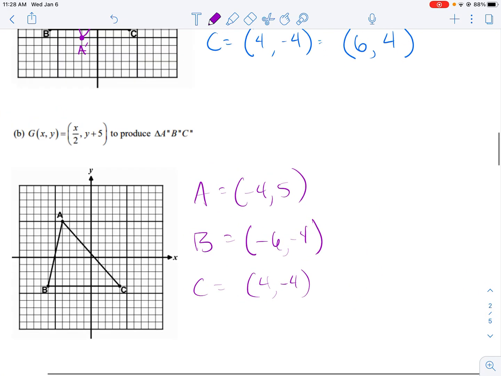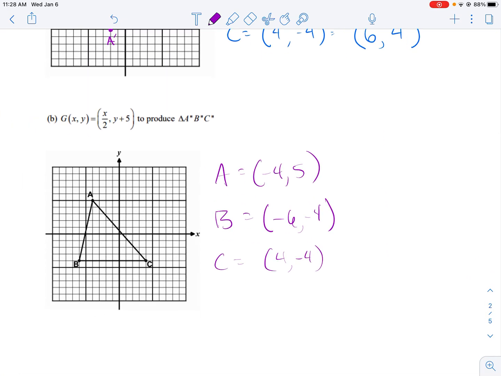Now we're going to do the same thing we did on the last one, applying those rules. So I'm going to go -4 divided by 2, comma, 5 plus 5. Then -6 divided by 2, -4 plus 5. Then 4 divided by 2, and again, -4 plus 5.